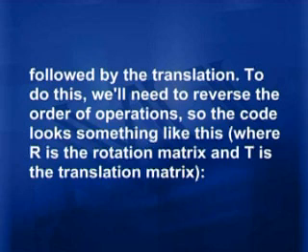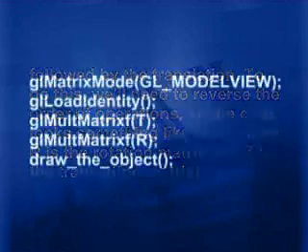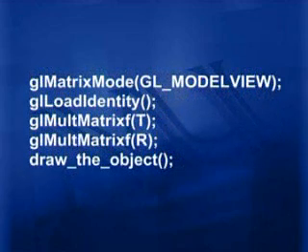So the code looks something like this, where R is the rotation matrix and T is the translation matrix. glMatrixMode GL_MODELVIEW, glLoadIdentity, glMultMatrixf T, glMultMatrixf R, and then draw the object.